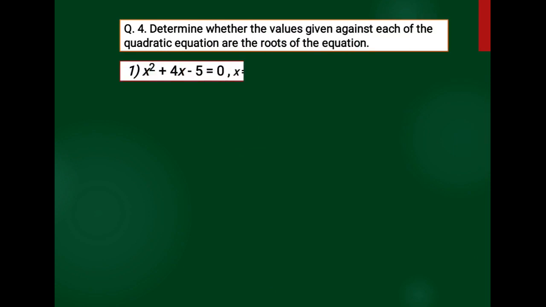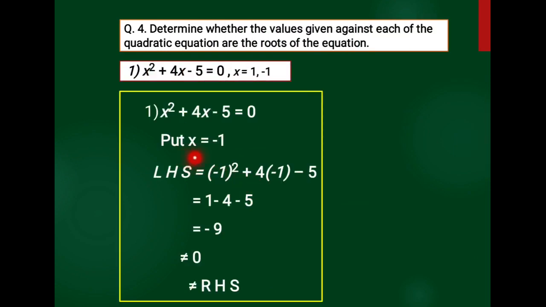So we substitute x equals minus 1 in LHS. Write a bracket. So minus 1 square, plus 4 into the value of x, that is 4 into minus 1, minus 5 as it is. Minus 1 square is plus 1, 4 into minus 1 is minus 4.